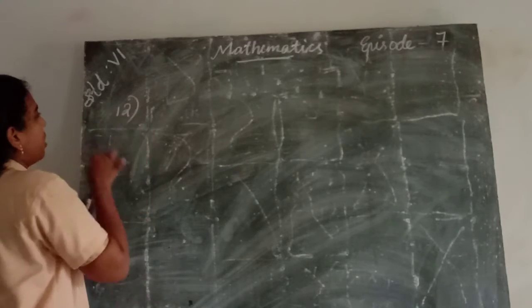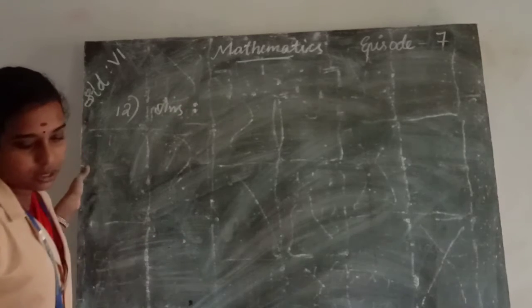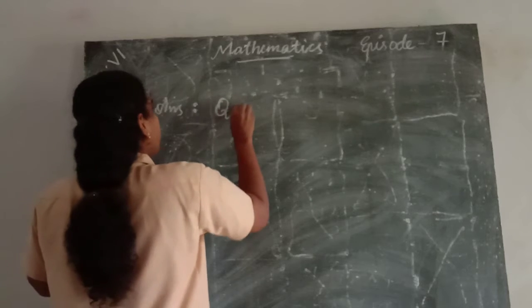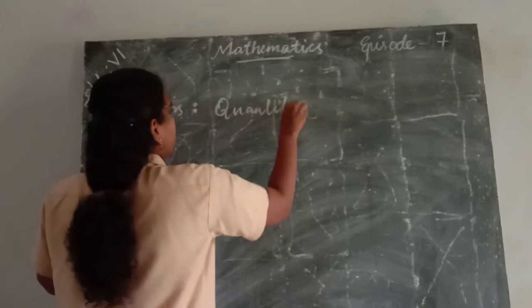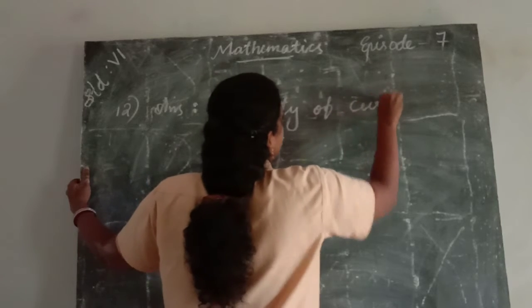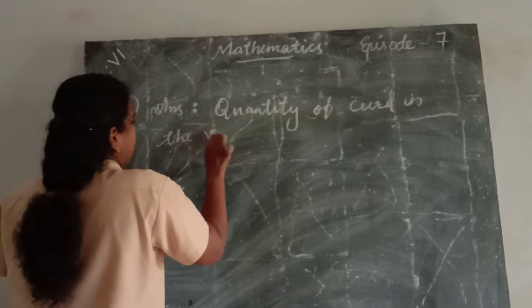Question number 12. First step, quantity of curd in the vessel.